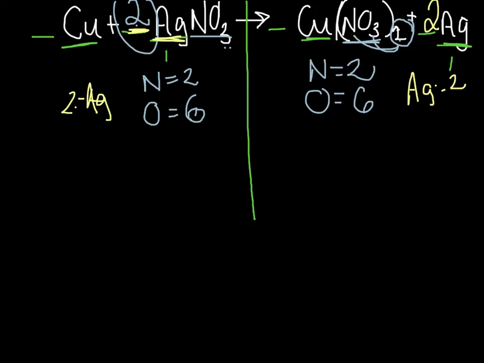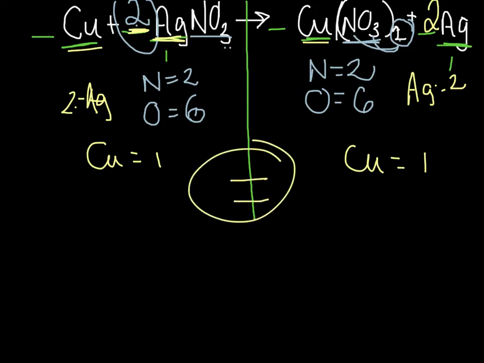Okay, just go back and double check. Our coppers are still good, 1 and 1. So if you want to write that on there, you can, just to make sure. Does everything check out? Is it all equal? Yes, it is. So that means it's balanced, and that one is good to go. If you want to rewrite the equation so it's a little more neat, what you can do is either leave these blanks blank, or you can fill in the blanks with 1s.